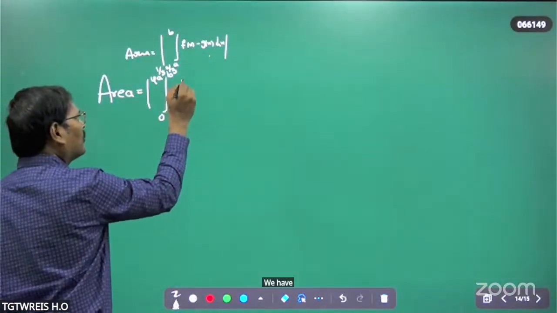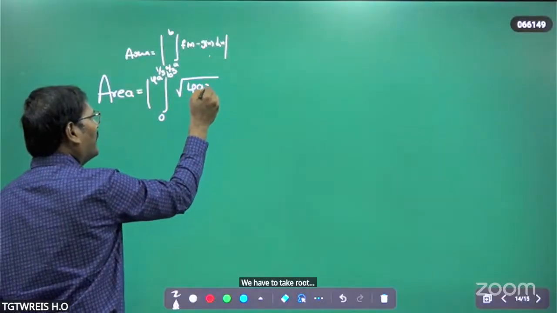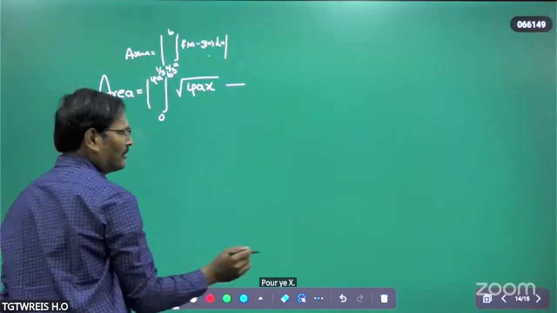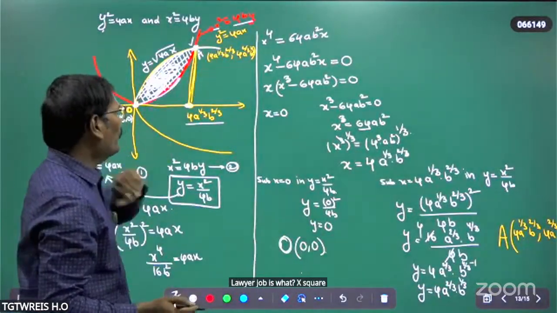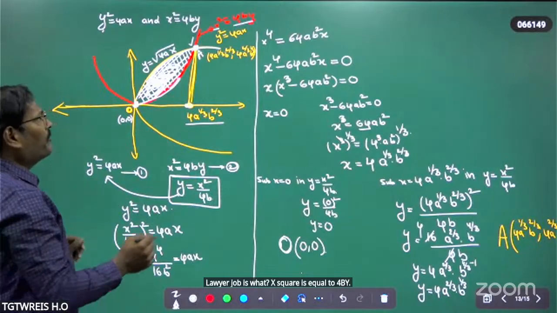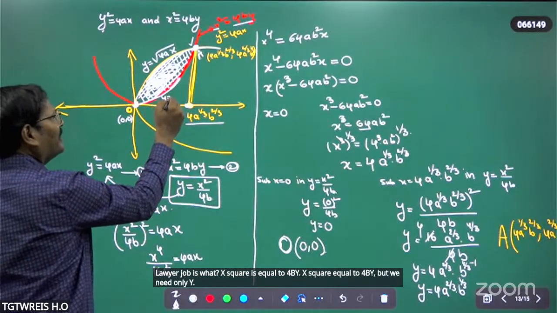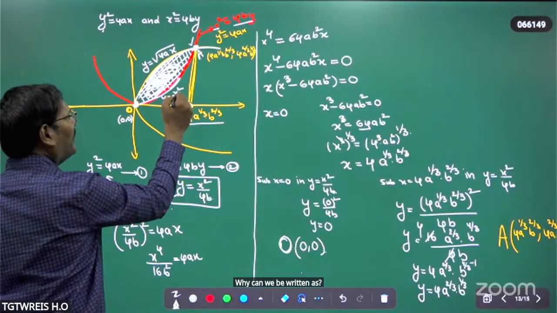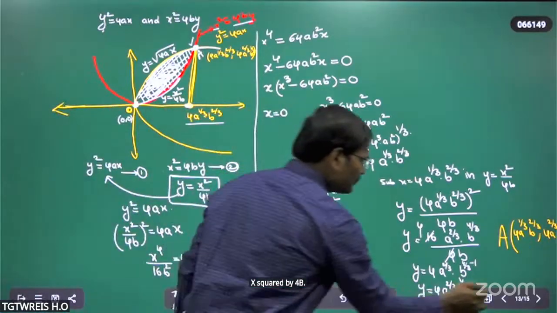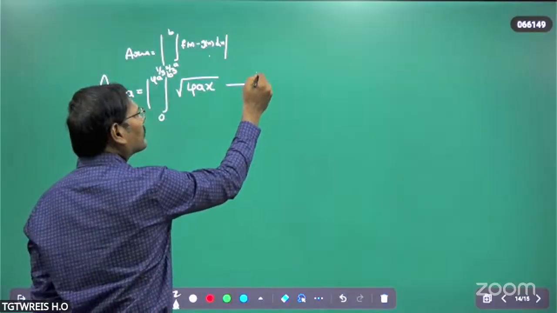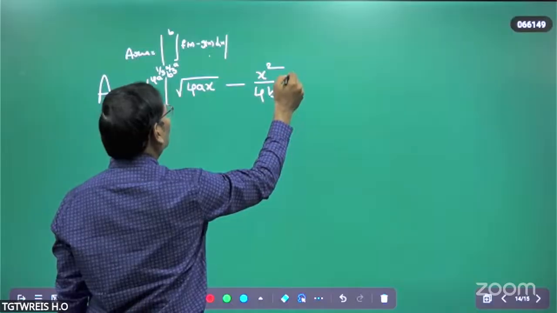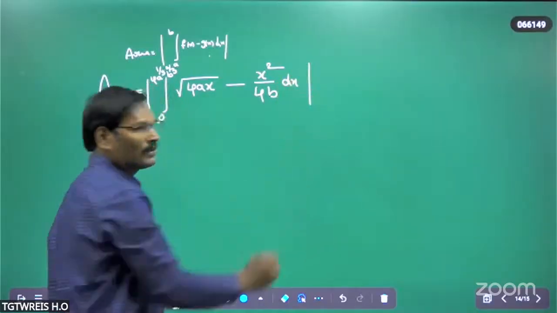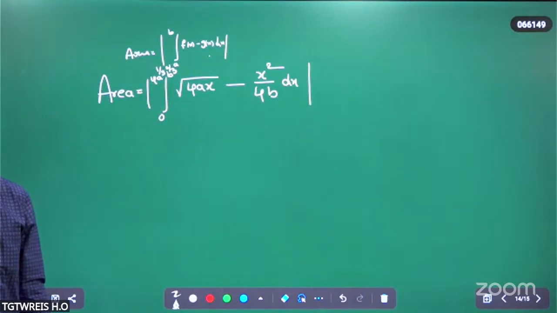We have to take root 4ax minus, and the second one, the lower curve, is what? x square is equal to 4by, but we need only y. y can be written as x square by 4b. Is it clear? Yes or no?